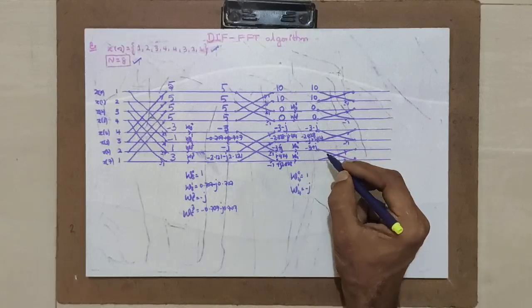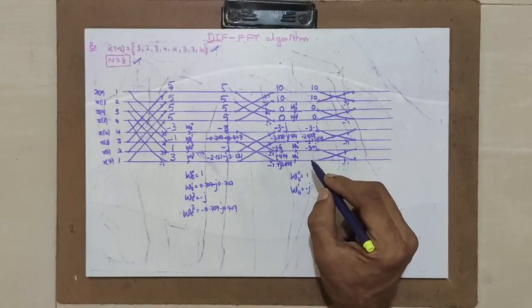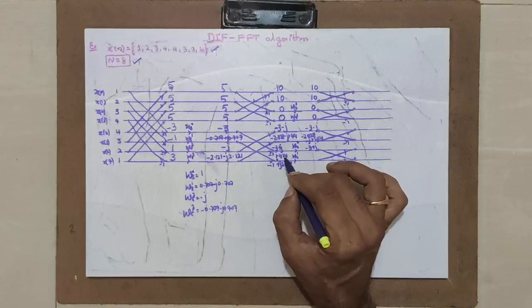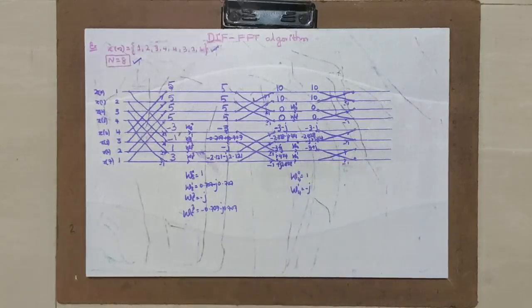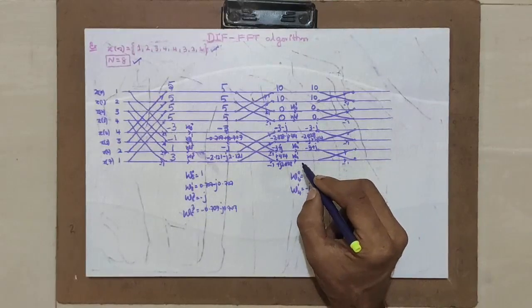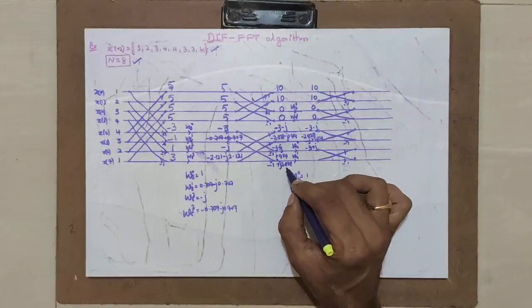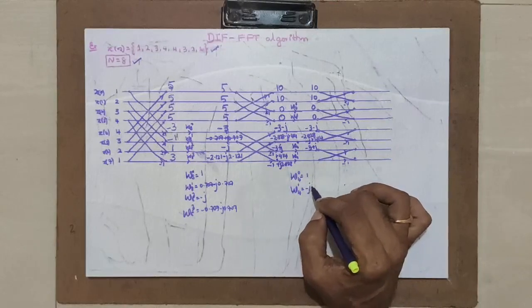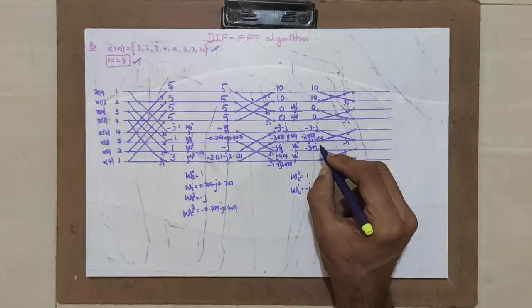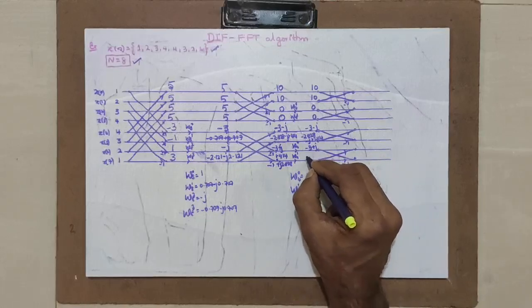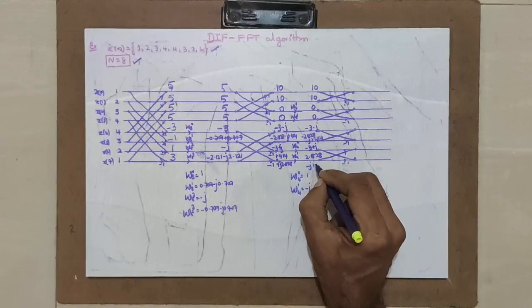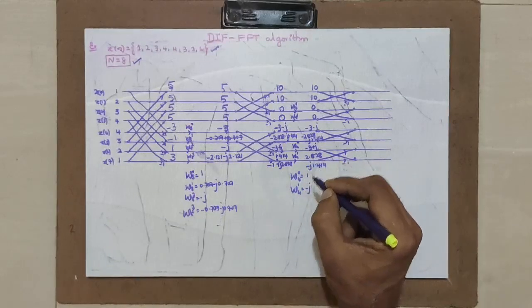And here last, when you are multiplying 1.414 plus j 2.828 with minus j, it results in 2.828 minus j 1.414. Okay, this is the stage.